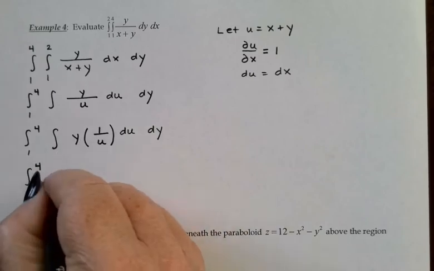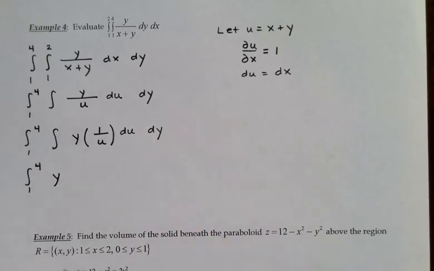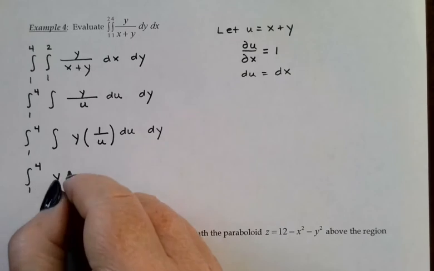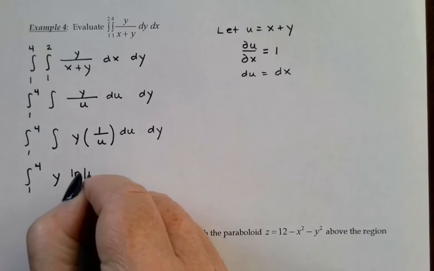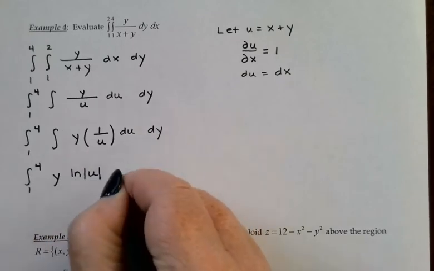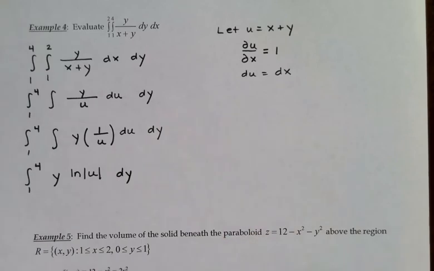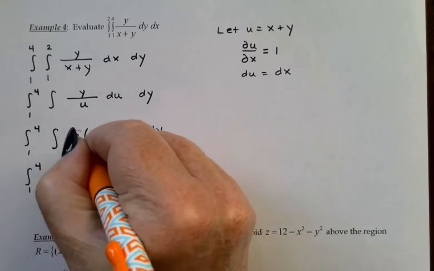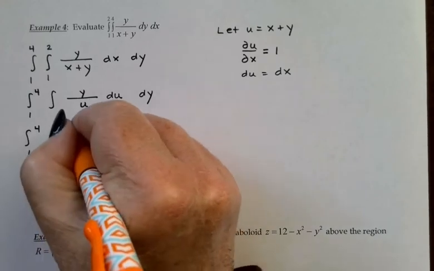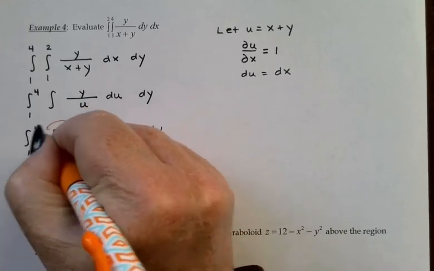So in this integral, I still have the constant y. The integral of 1 over u du is the natural log of u. And the dy here is still waiting its turn. By the way, some people even like to take this y and pull it right out in front here.